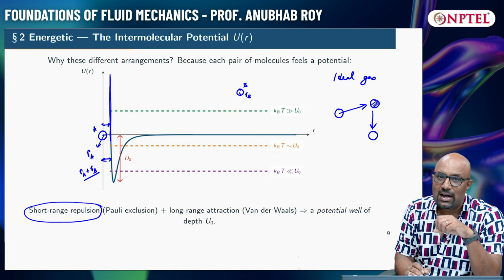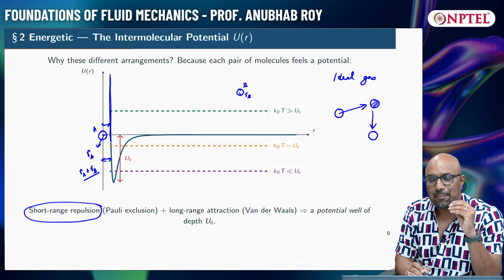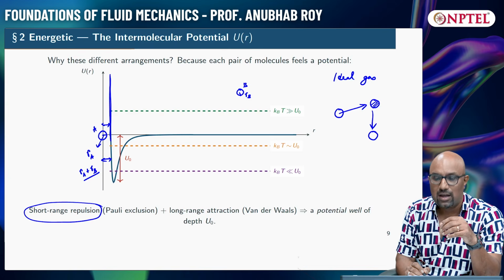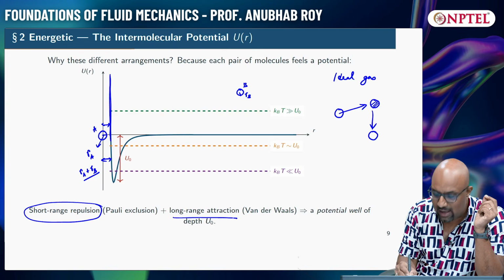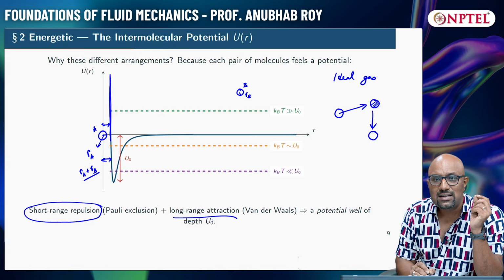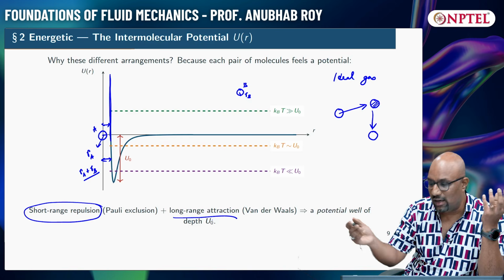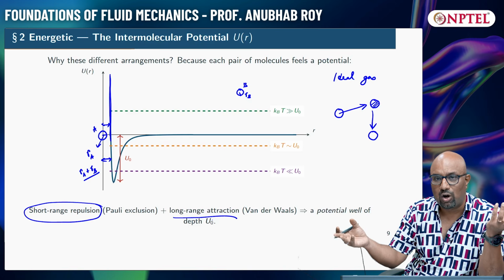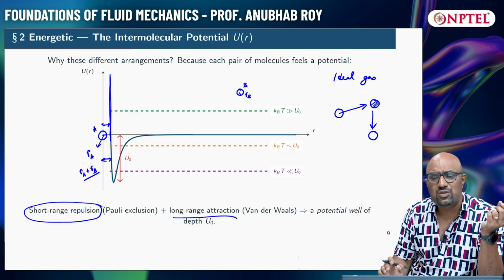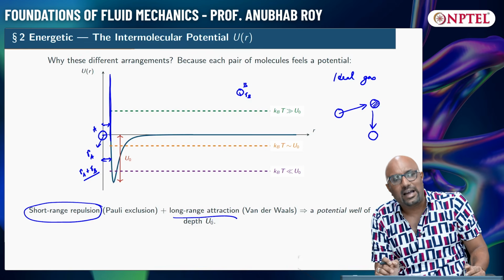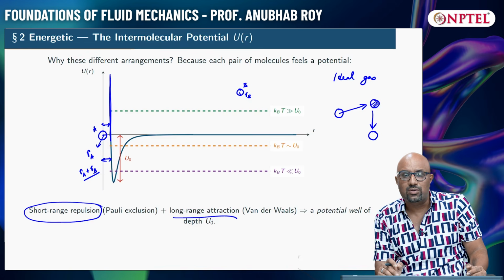But then there is also something that happens when distances are far away. There is something called a van der Waals attraction, a long range attraction between the two molecules, which basically comes from the fluctuating dipoles present in these molecules.